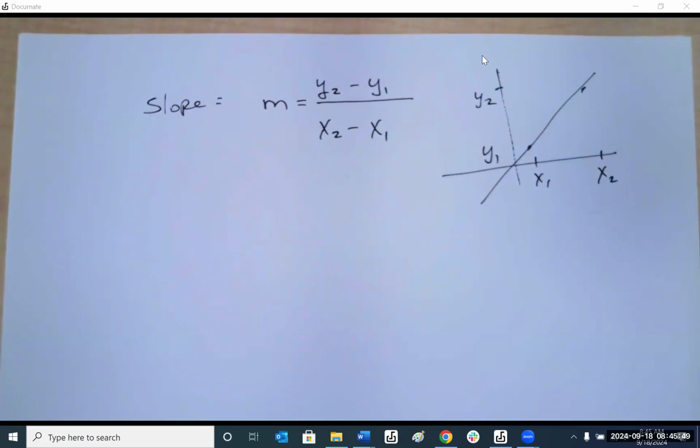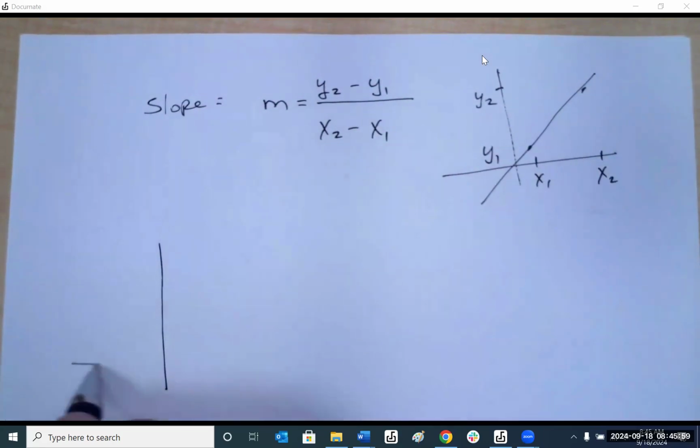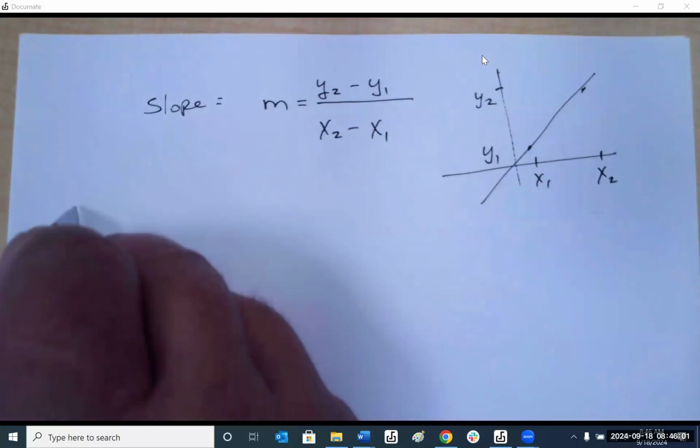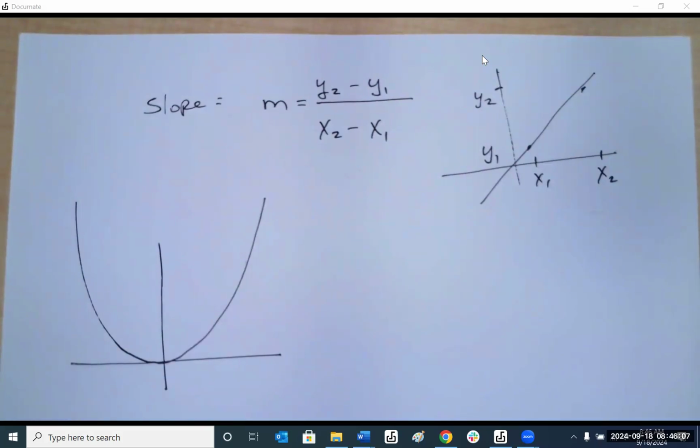But as we saw last time, that's only one of 12 different types of graphs we have. What about if I gave you this? What function is that?